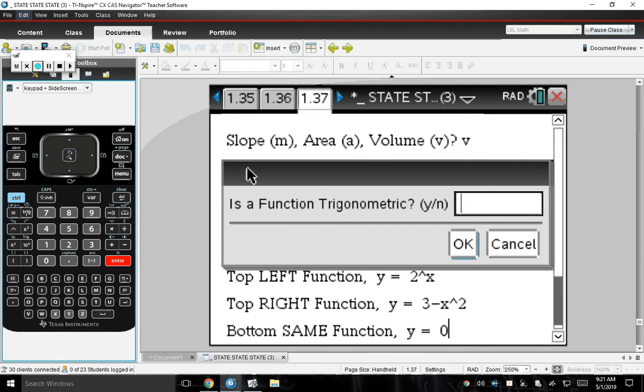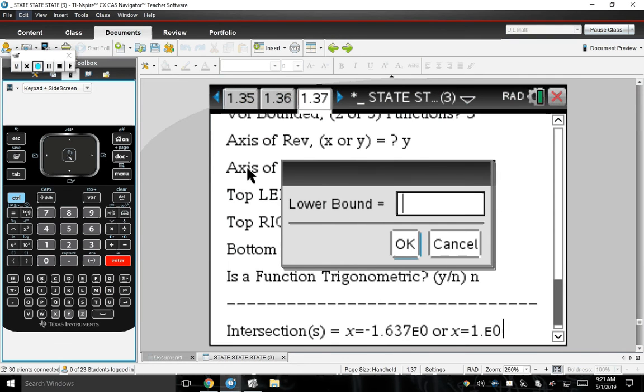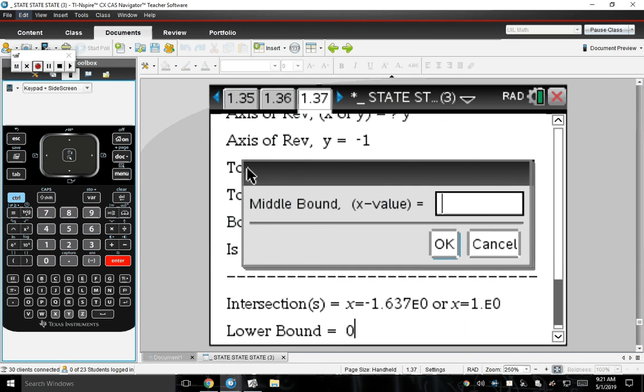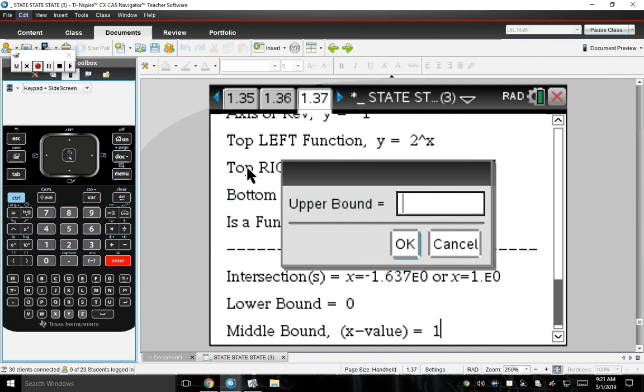No. Okay. And when it does that trigonometric, it's only because it has to find the sinusoidal intersections. Otherwise, it's still going to give you intersections that occur. Okay? So here we go. What's my lower bound? 0. What's my middle bound? 1. What is my upper bound? Root 3. And make sure to close these roots, otherwise it will error out.